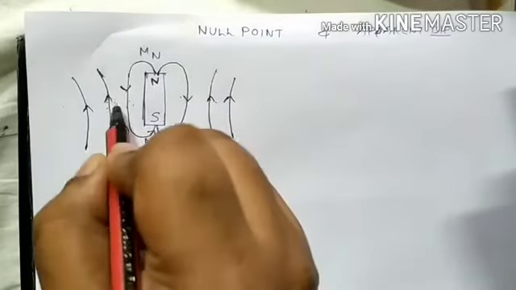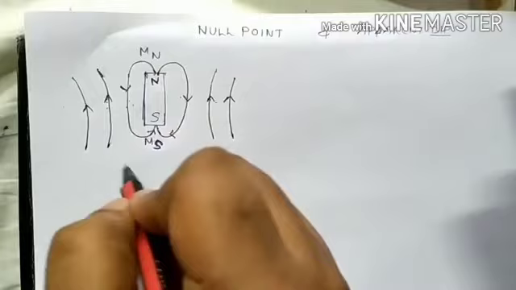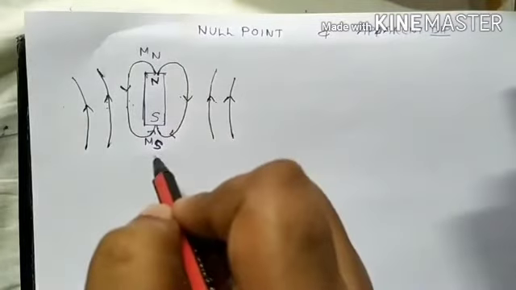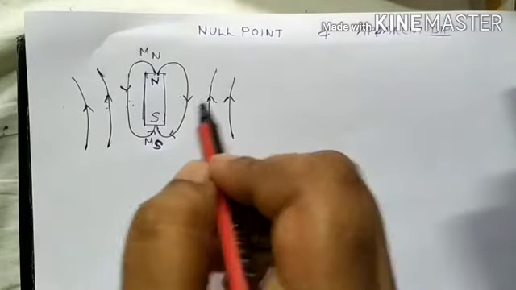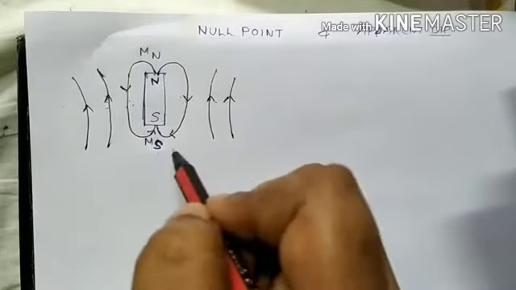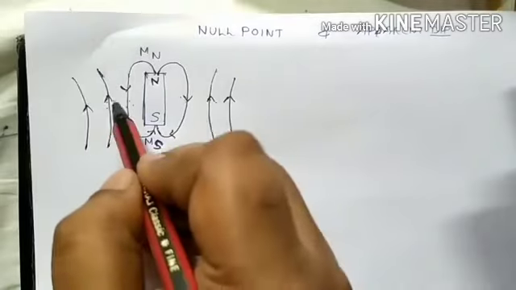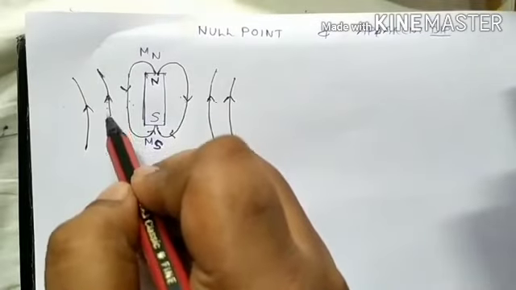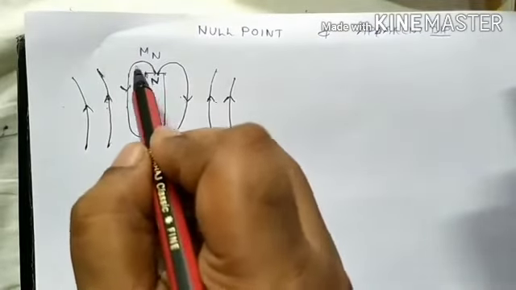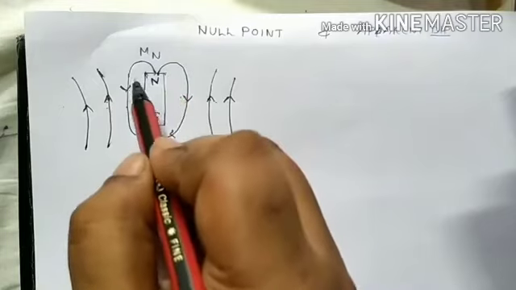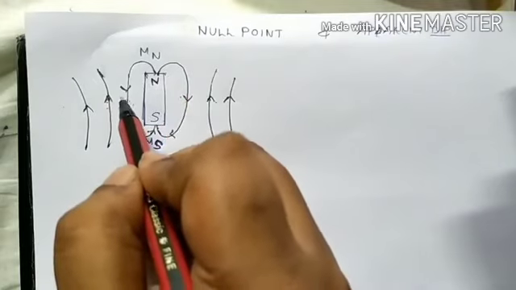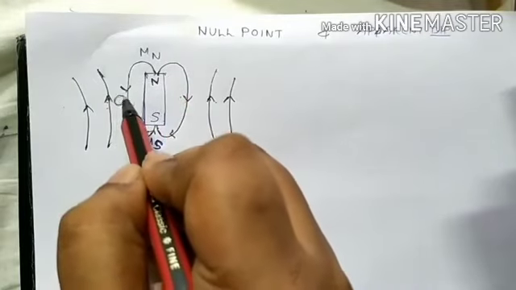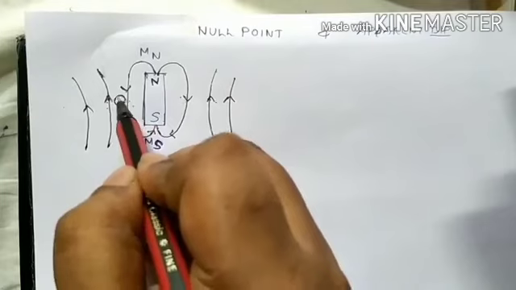See, they are opposite in direction. So at some points where the magnetic field due to the magnet and that of the Earth are opposite in direction, they cancel out. Those points where the field lines are nullifying each other are known as null points.